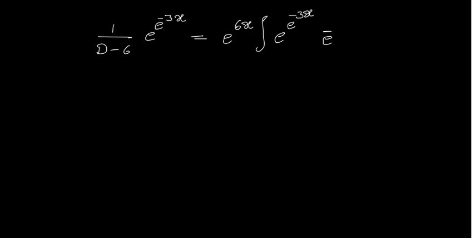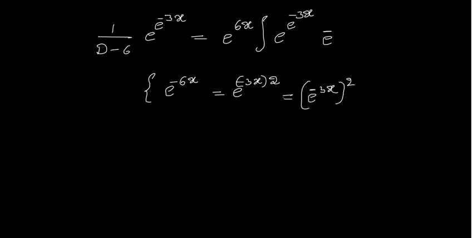I'm going to write it like this. There I need to write e power minus 6x, so I'll write it as e power minus 3x times 2. We are allowed to write it like this, right? Now this is nothing but e power minus 3x, you can write it as the whole square of it.